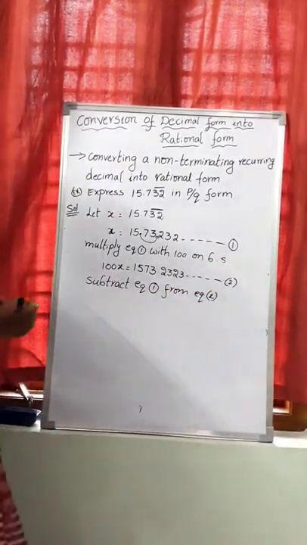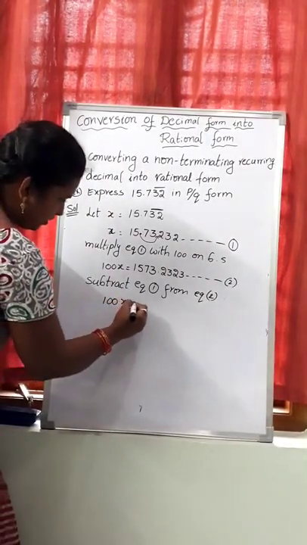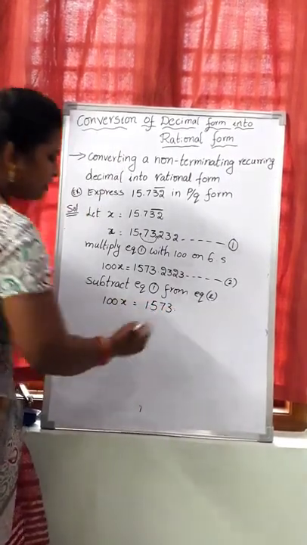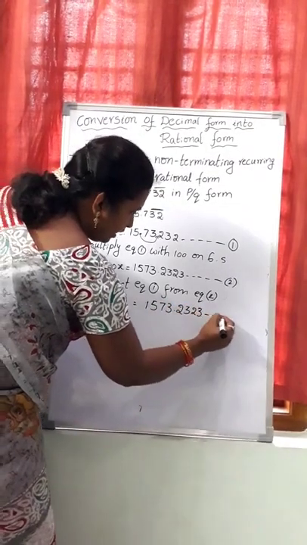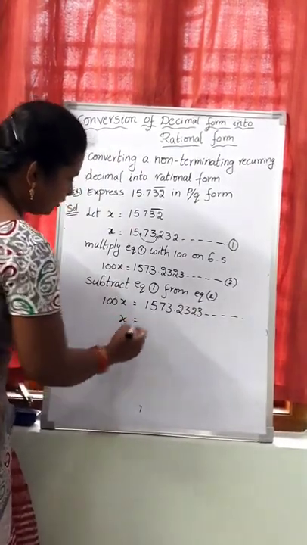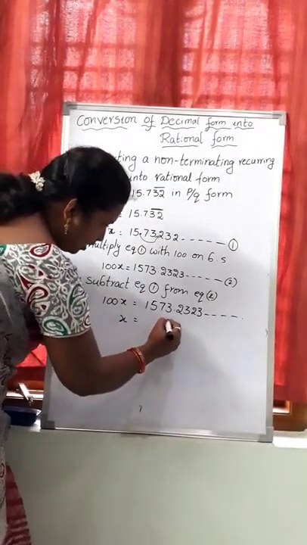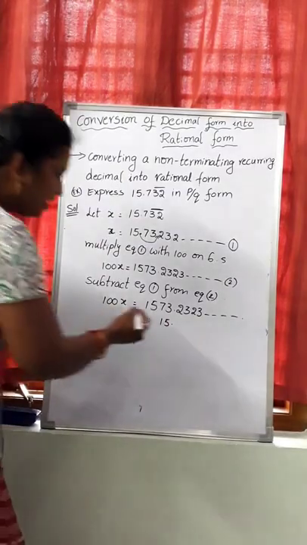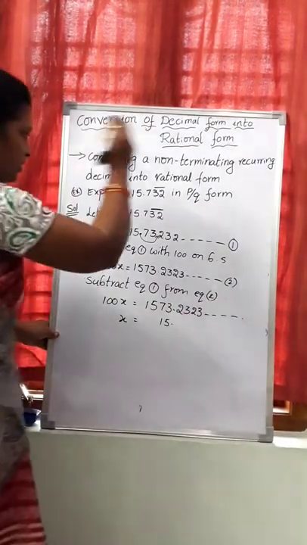Equation 2 is 100x = 1573.2323 and so on, and the first equation is x = 15.7323 and so on, so write the whole number part and then the decimal part.